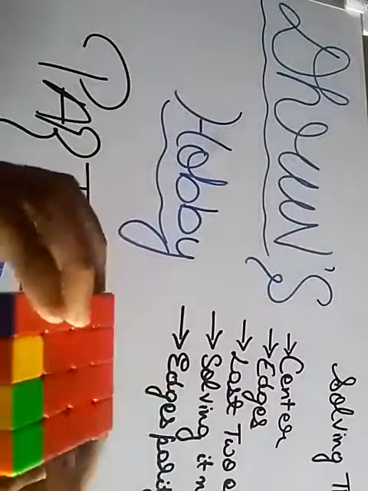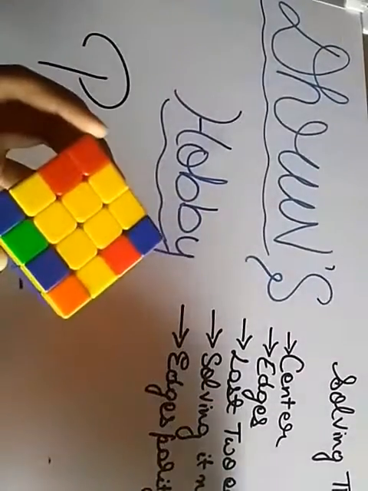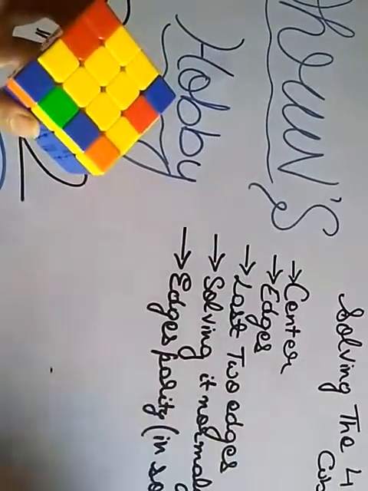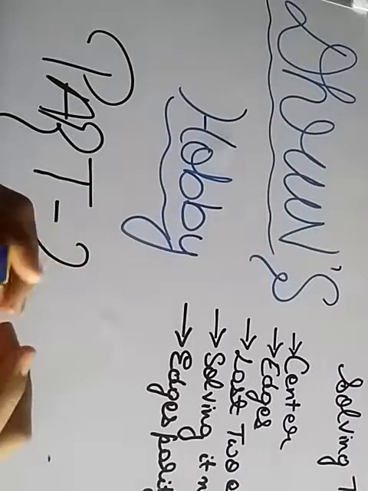Okay, now let's check. Okay, now I'm gonna just make one more edge pair, and only two edges will be left, which will be in another part like over here. That would be part 3. So let's make the other one also. I'm gonna make that yellow and red pair.